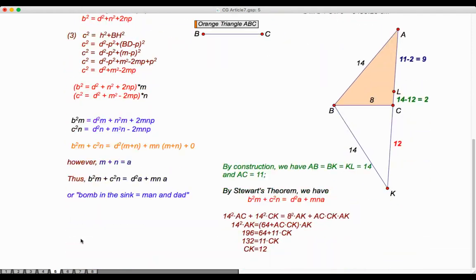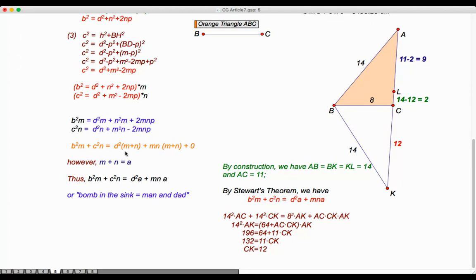So if I add the top with the bottom, I end up with b squared m plus c squared n equal to these two. I can factor out d squared, and it's m plus n. These two, I can factor out m times n, and the common factor is m plus n. And these two cancel out, it becomes 0.